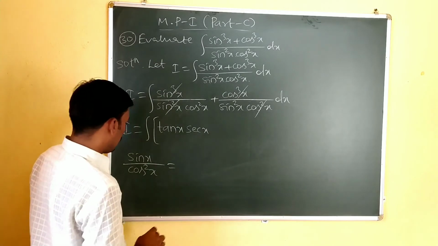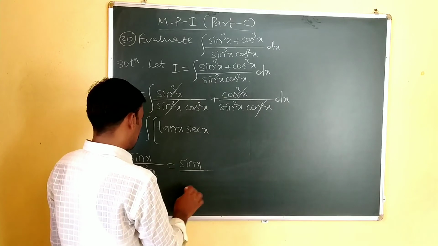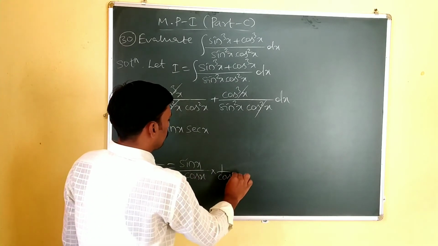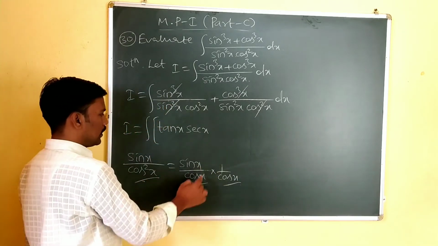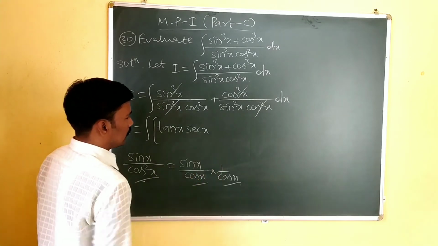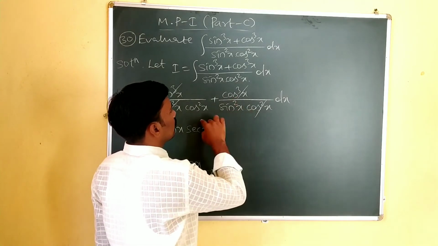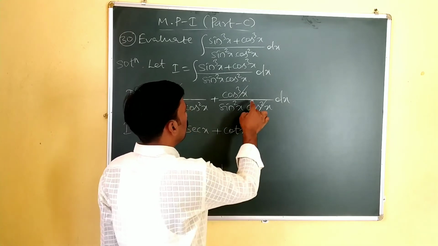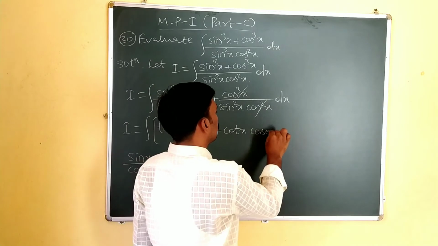So this can be written as sin x by cos x into 1 by cos x. Again, cos x into cos x is cos square x, and 1 into sin x is sin x. So sin by cos is tan, and 1 by cos is sec. Similarly, for the second term also, cos by sin, cot x into 1 by sin, which is cosec x.